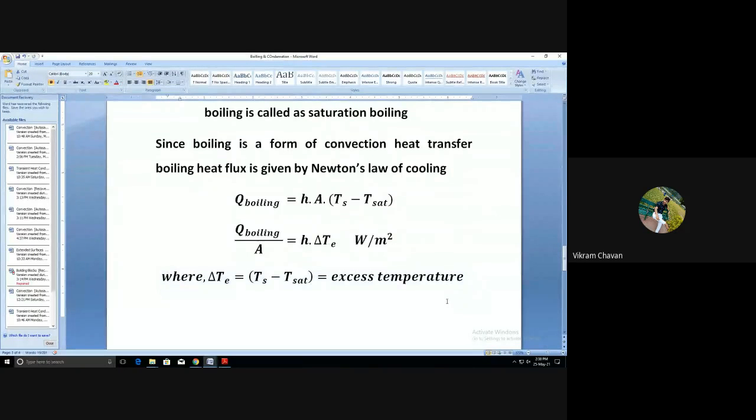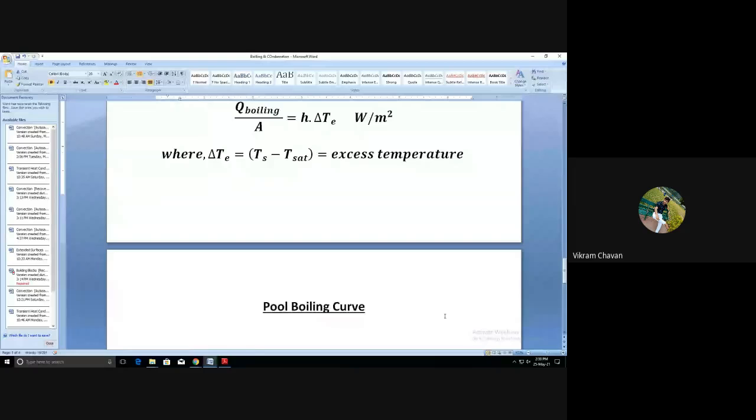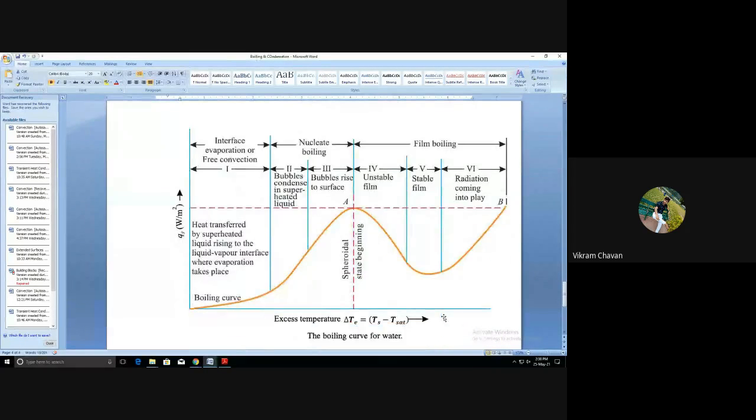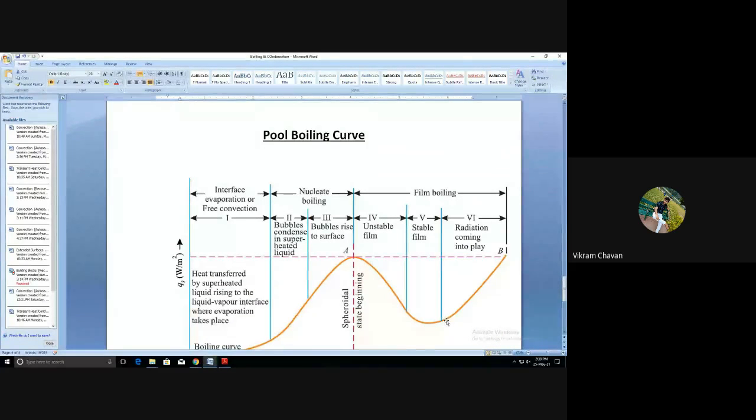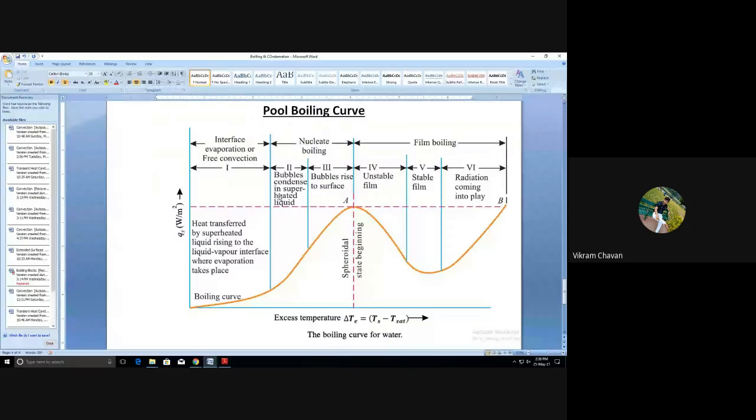Okay. Is there any doubt, any question up till now in boiling phenomena? Okay. So we have some time. So you can draw this particular figure, excess temperature, pool boiling curve. Draw this figure, everyone. I will give you 10 to 15 minutes for the drawing.